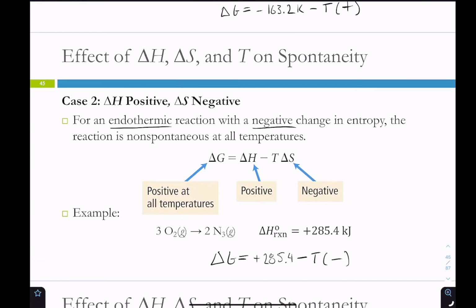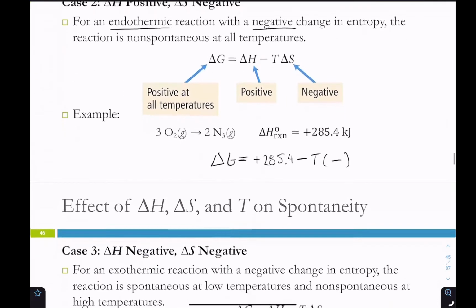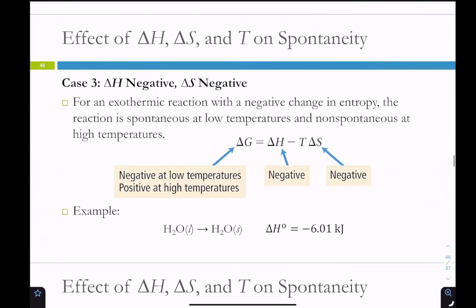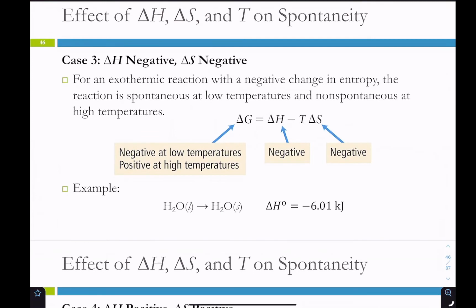Now the more interesting cases are where we have the same sign for delta H and for delta S. So if delta H is negative and delta S is negative, like for water freezing, we have the standard enthalpy, which would be the delta H of fusion.